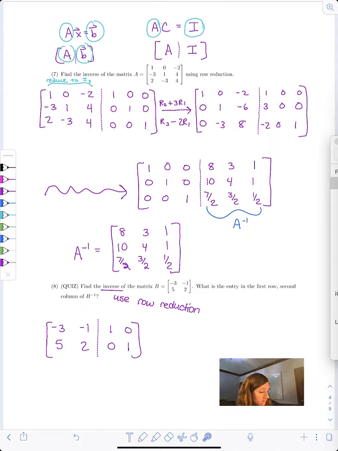We could have checked that for this A inverse here and done our A times A inverse, and we should get the identity. So you actually have 2 different ways to check this before you enter your quiz answer. And so you should get B inverse equals something, something, something, something, and we want the first row, second column entry. That's not a 0. This is saying this is the entry that you want to enter.